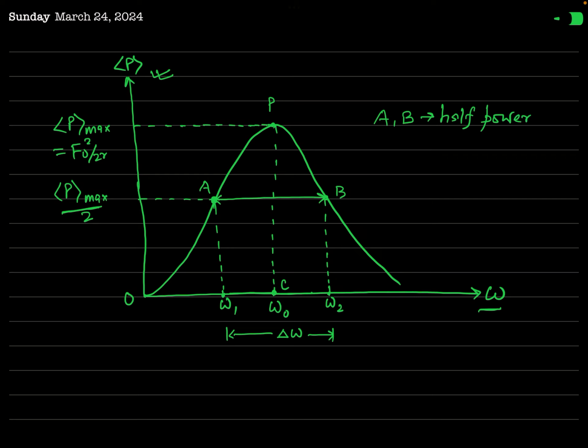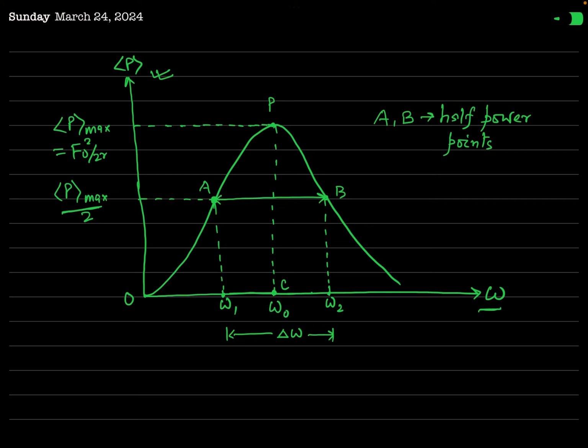And you can see corresponding to half power points, the frequencies of the applied periodic force are different, and they are omega 1 and omega 2. Actually, the frequency separation of these half power points is called bandwidth.